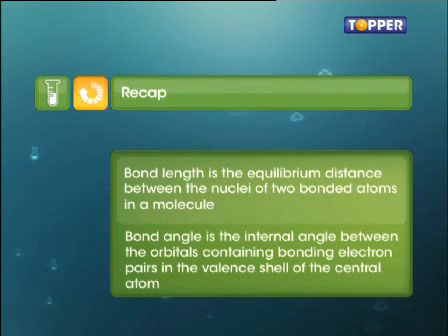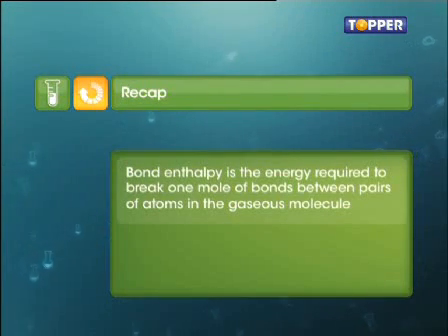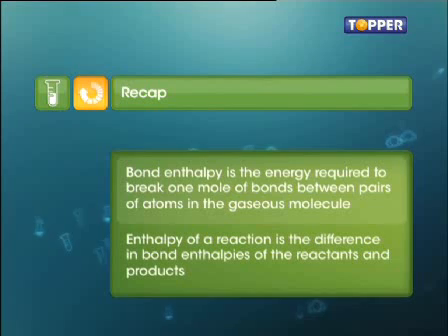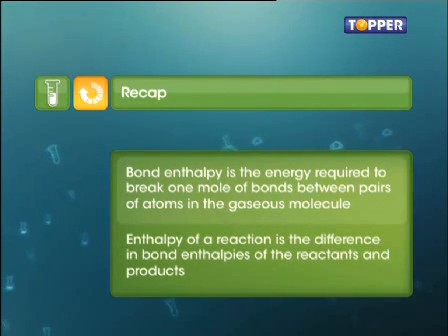Another important bond parameter is bond enthalpy. It can be defined as the energy required to break 1 mole of bonds between pairs of atoms in the gaseous molecule. Finally, we saw how to calculate enthalpy of reaction, that is, the difference in bond enthalpies of the reactants and the products.